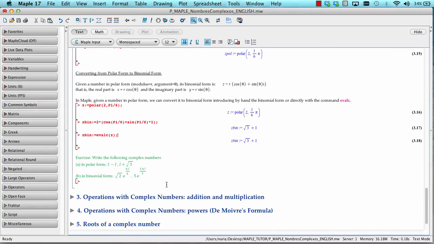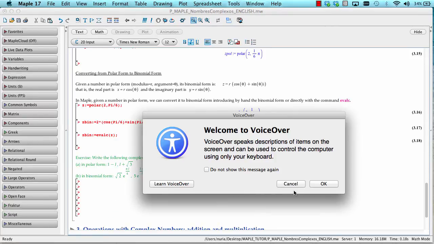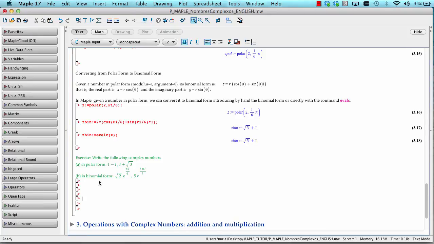Okay, so let's do the following exercise to practice. In exercise A, we have to convert these complex numbers which are in binomial form to polar form.